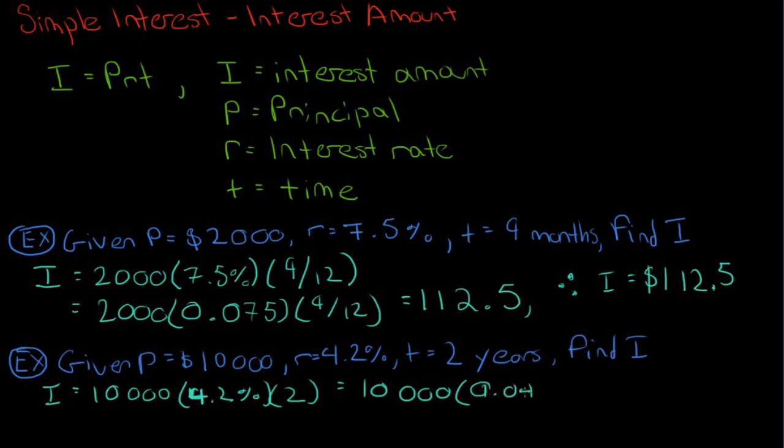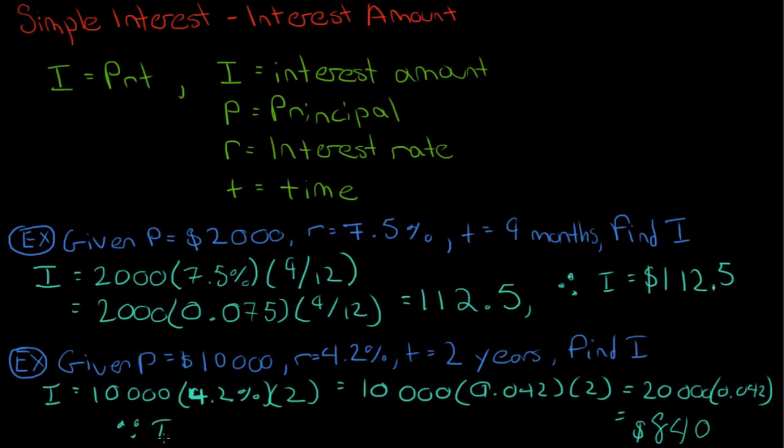You'll get 0.042 times the 2, and then we could put it into a calculator, and we should get 10,000 times 0.042. And now we could put that step into a calculator. $840. That is the interest amount.